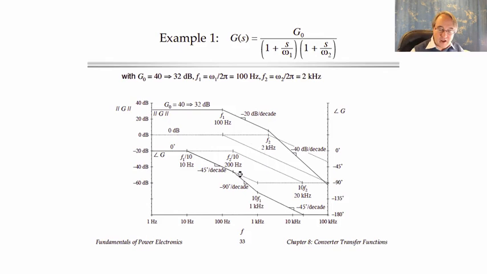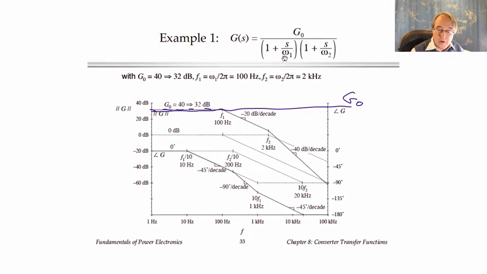So here's a plot of that. And to construct the magnitude, we construct the magnitudes of the individual terms and then add their dB together. So G0 is 40 dB. I'm sorry, it's 32 dB, which is up here. So that's the G0.